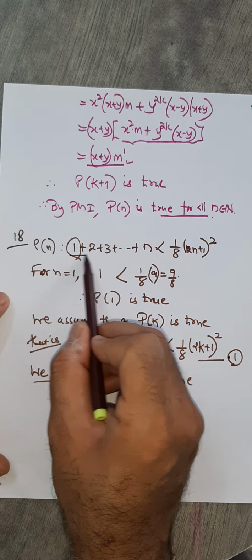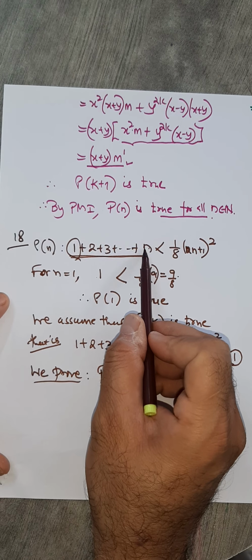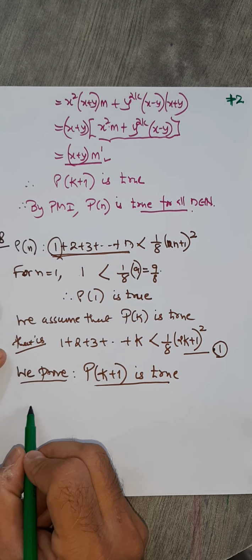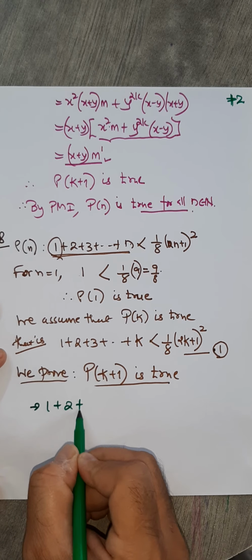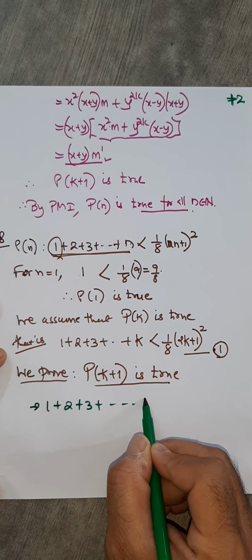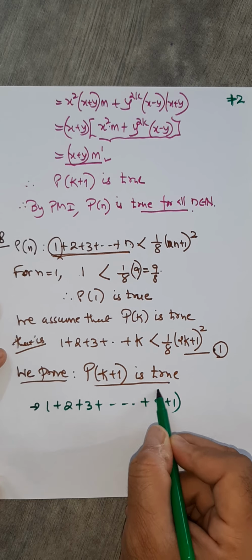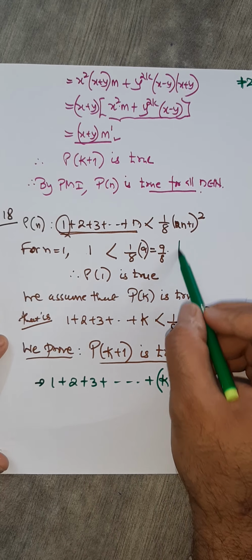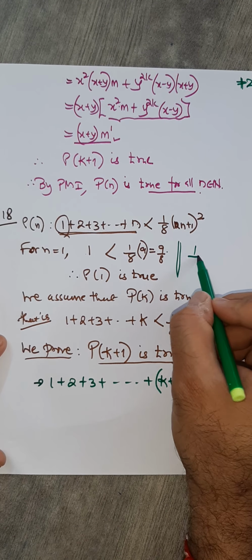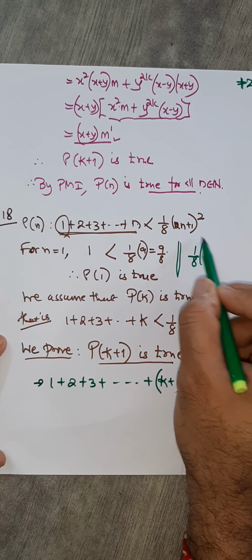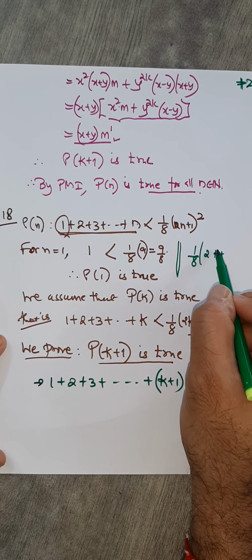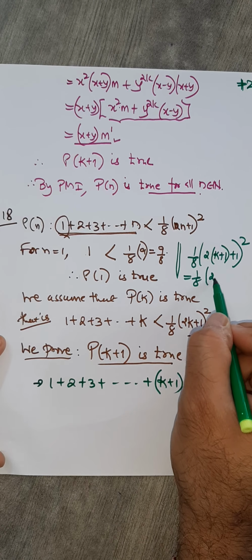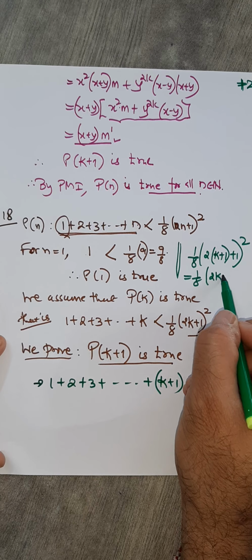So we start with this. Instead of n, you are going to write k plus 1, and we'll show that it is less than that RHS expression. So I'm starting with 1 plus 2 plus 3 plus, last one is k plus 1. We'll show that this is less than, putting k plus 1 here, 1 upon 8 into 2k plus 3 the whole square.